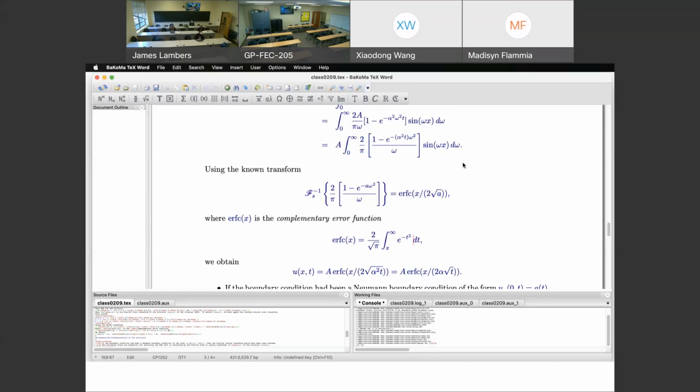And that's because we're integrating with respect to omega, right? The Gaussian function is like e to the negative omega squared. So omega here plays the same role, and the inverse sine transform of this means multiplying by sine omega x and integrating from 0 to infinity in omega.